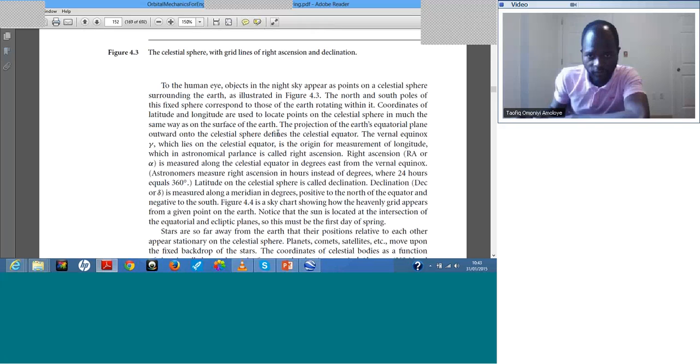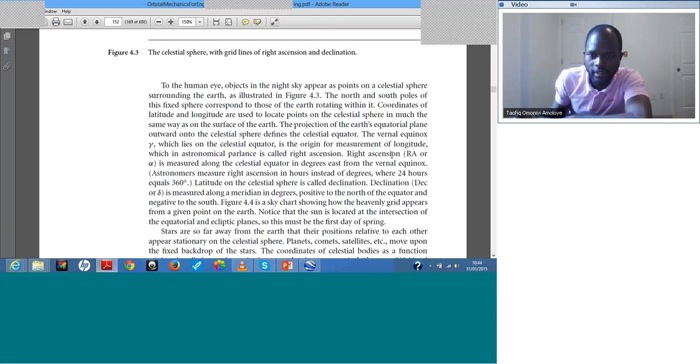So if we just continue reading, the vernal equinox Gamma, which lies on the celestial equator, which in astronomical terms is called right ascension. Right ascension. So now we understand what right ascension means.